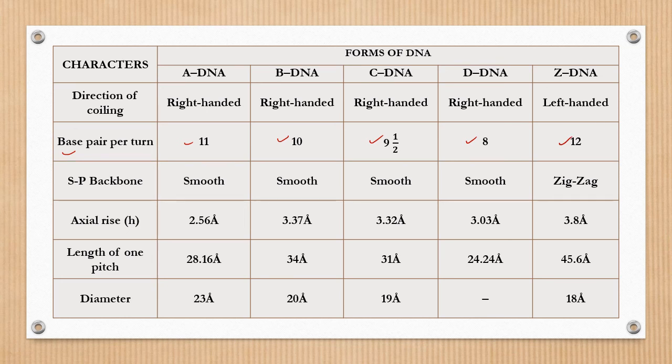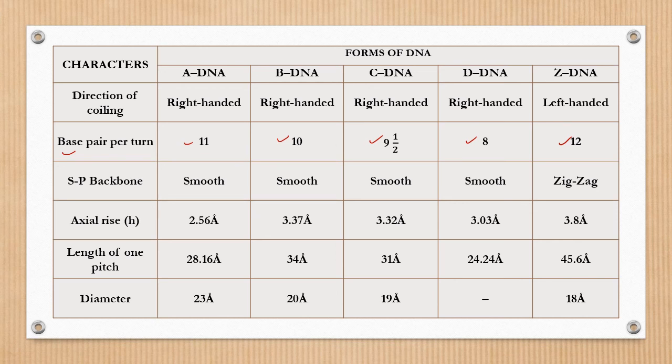Now, direction of coiling, either right-handed or left-handed. Among these five types, except Z, all the remaining are coiled right-handed. Only Z DNA is coiled left-handed.